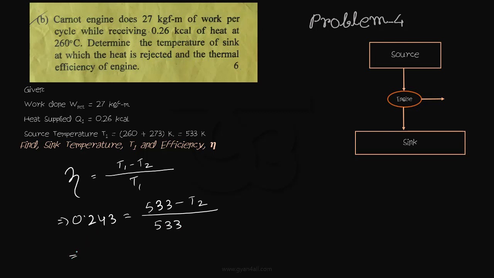So by solving this we will get 0.243 multiplied by 533 is equal to 533 minus T2.